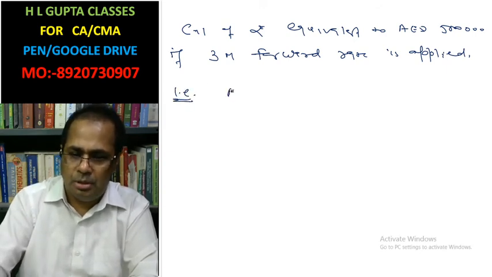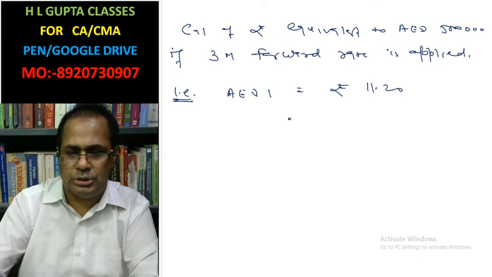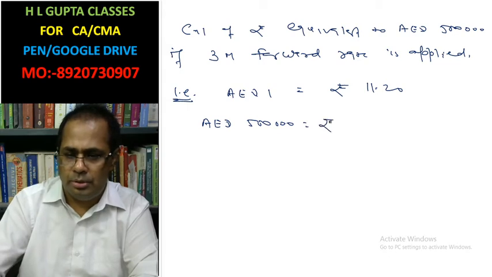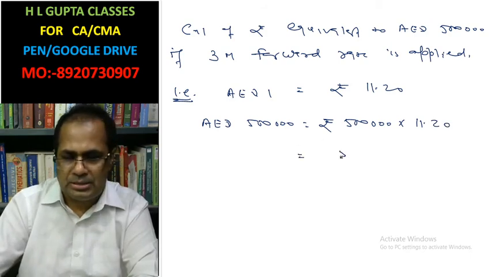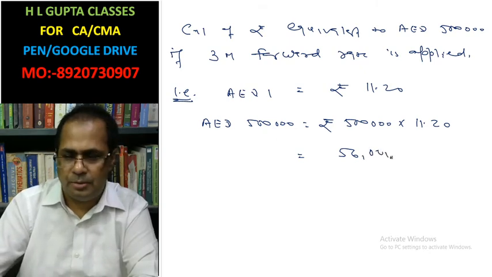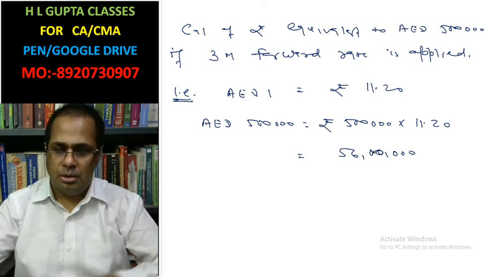AED 1 equal to rupees 11.20. AED 5 lakh equal to 5 lakh into 11.20, that is 56 lakh. Please try to understand. This is 56 lakh.